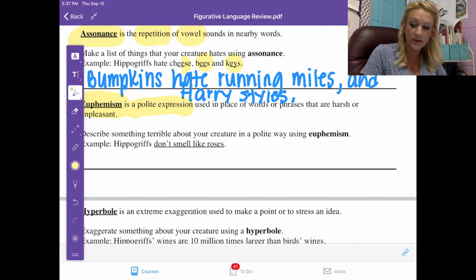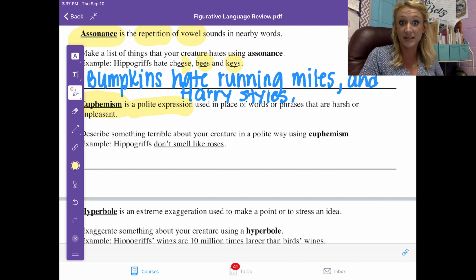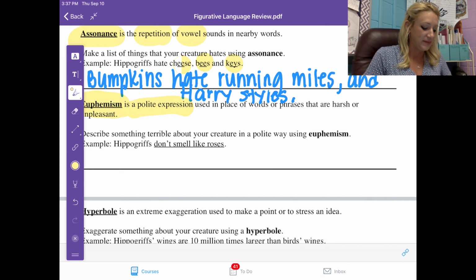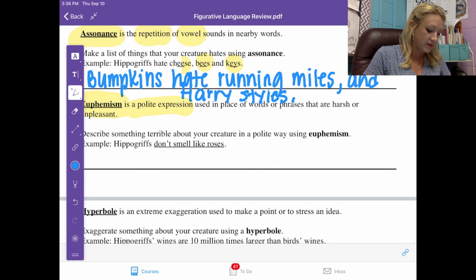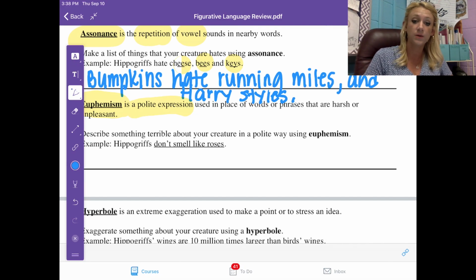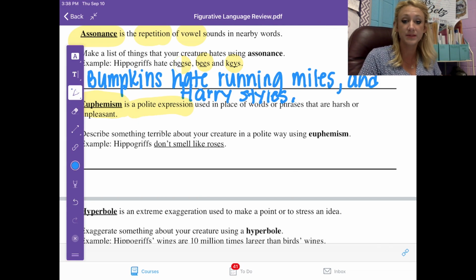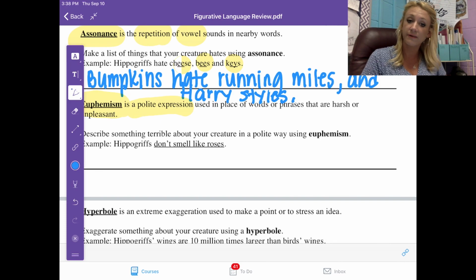Hippogriffs don't smell like roses. Okay, that's kind of a nice way of saying they don't smell very good. They smell bad. That would be an example of a euphemism. So you're going to come up with a euphemism about your creature. Now, if you want to, feel free to use your resources. So you can Google search popular euphemisms, and you can browse and refresh your memory on some of them and see if any of them fit for your creature.